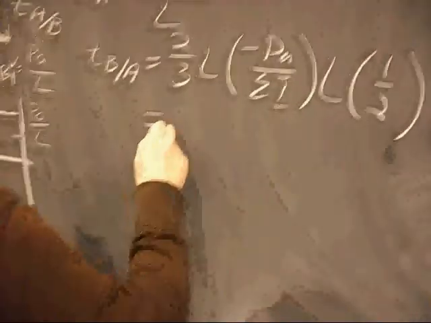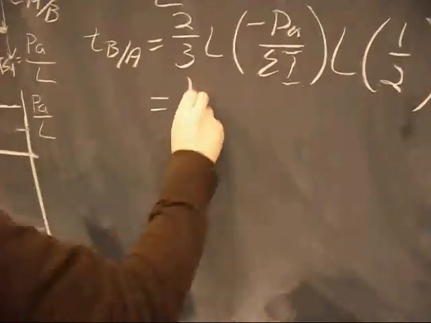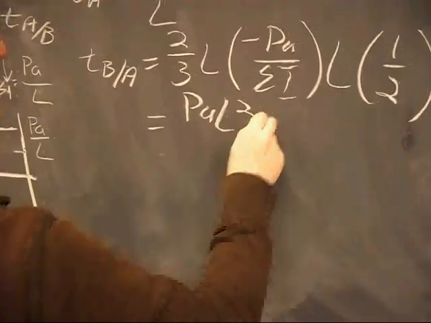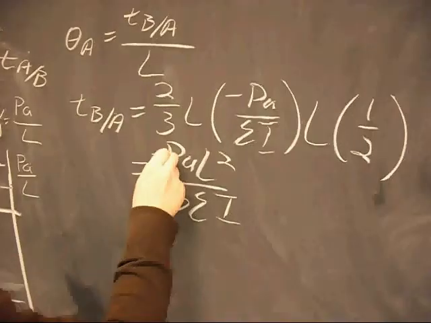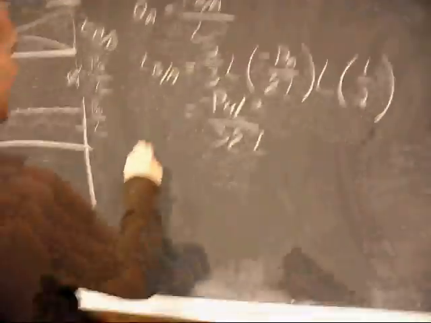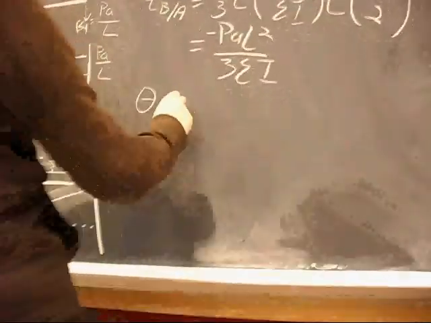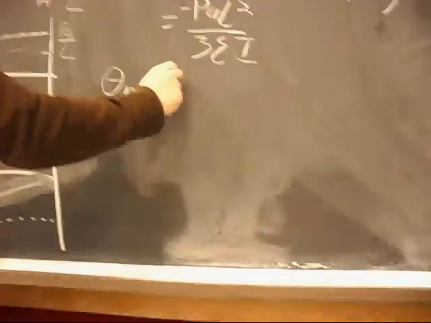So when you do the math for T of B slash A, it's just equal to PAL squared over 3EI. Now to find theta A, you just divide that by L. You can probably do that under that. So theta A is just equal to PAL over 3EI.